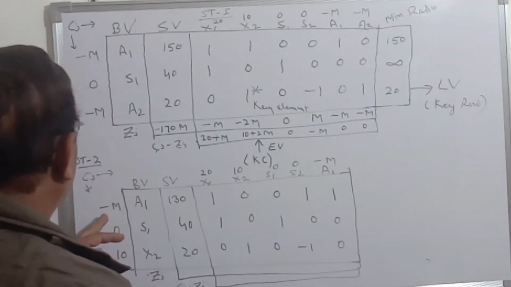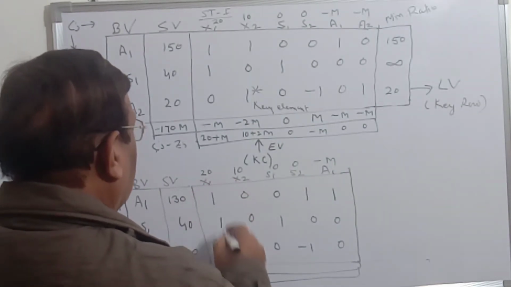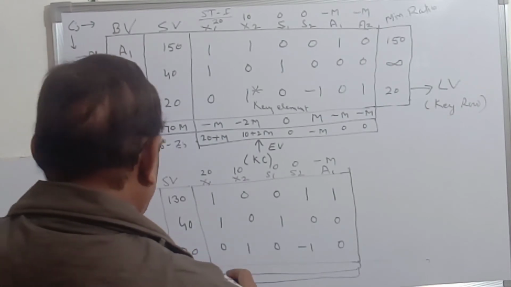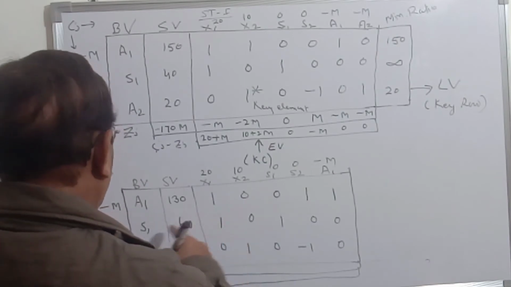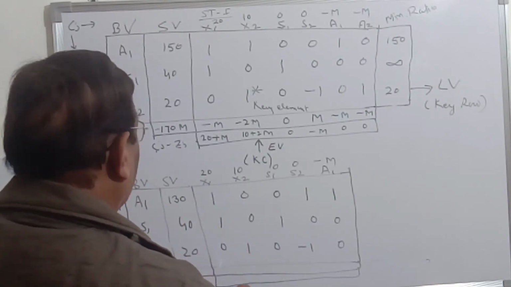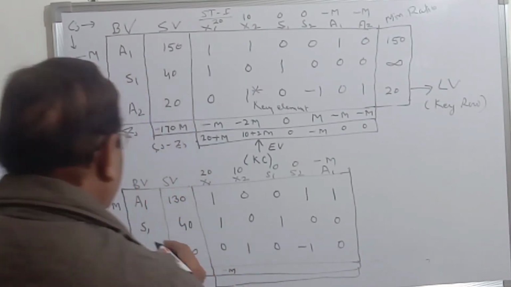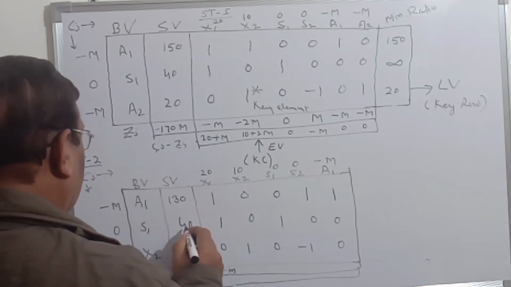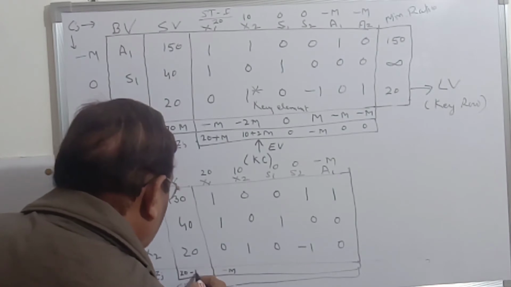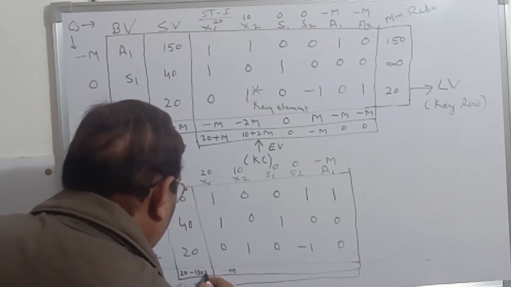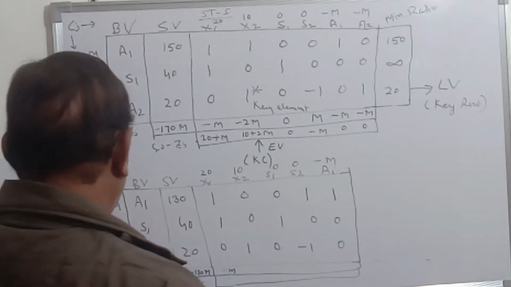ZJ is multiplying the coefficients of the objective function with the coefficients of the columns. Minus M into 1. This is 0, this is 0. So this is minus M. Here, minus 130, this is 0, this is 20. 20 minus 130 M.